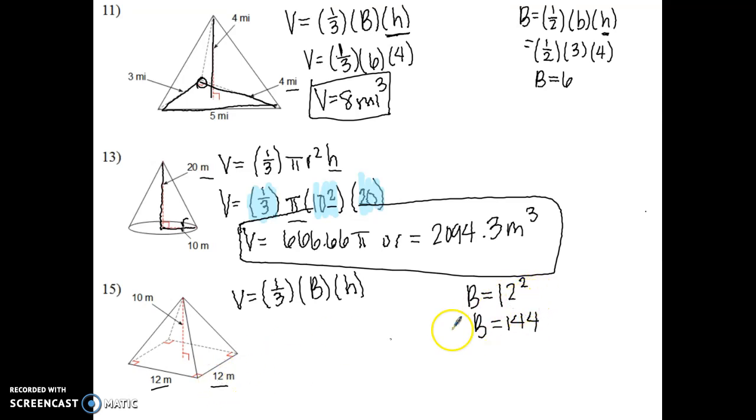We took that side and squared it. And then the height is going to be the height of my entire pyramid. So from the top to the bottom, that's going to be 10. So it's going to be 1/3 multiplied by the area of our base multiplied by the height of our pyramid. And that's going to be our answer.